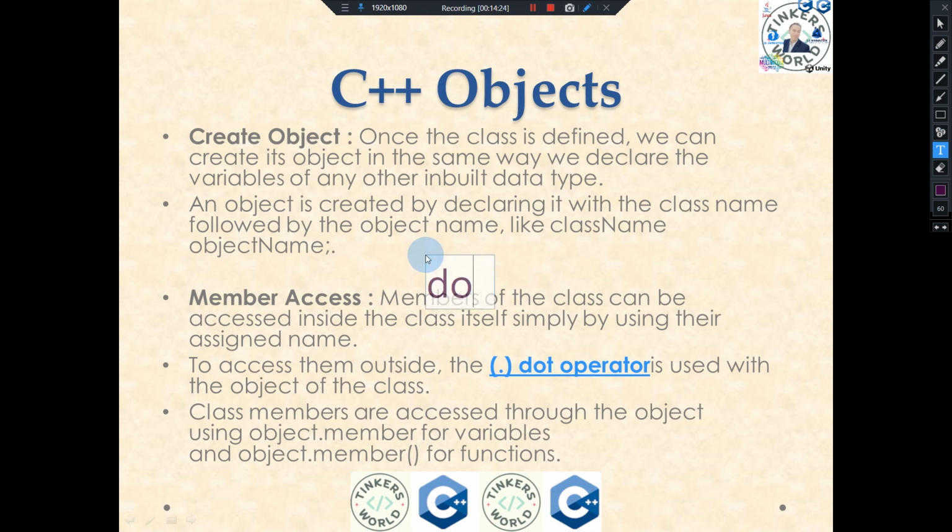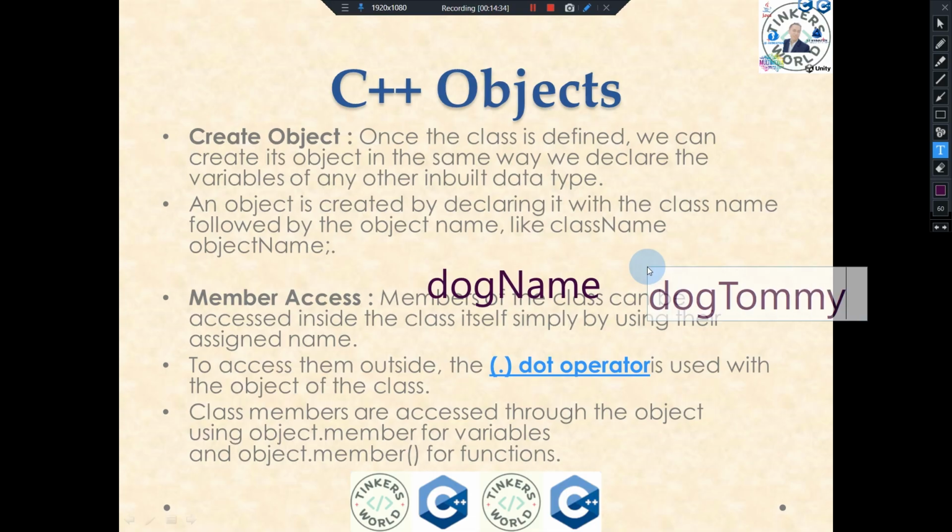For example, dog name. The other way around is dog Tommy. So basically, the class name pertains to this one, the dog name, and the object name pertains to dog Tommy.